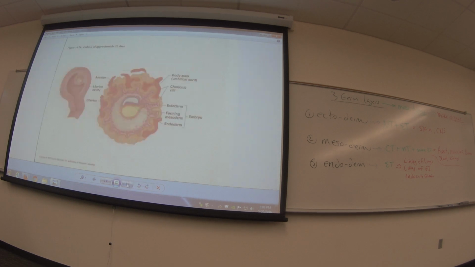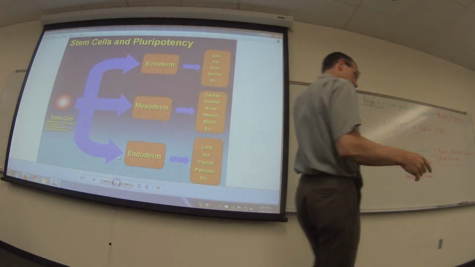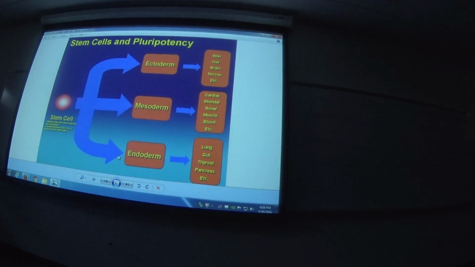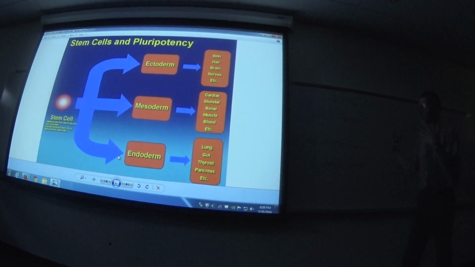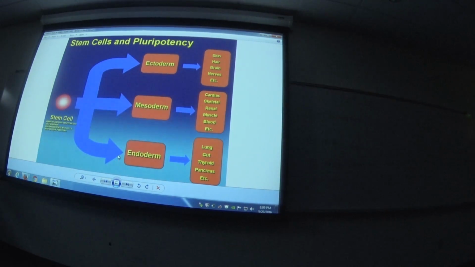Okay. So let me show you this picture, not that one. Where's it at? There it is. Boom. So this is a diagram, figure, whatever you want to call it, showing exactly what I put here. Let's take a look at it. So we have the 3 layers of 3 germ tissues, ecto, endo, meso. And then over on the right, you have the organs that are made from that.